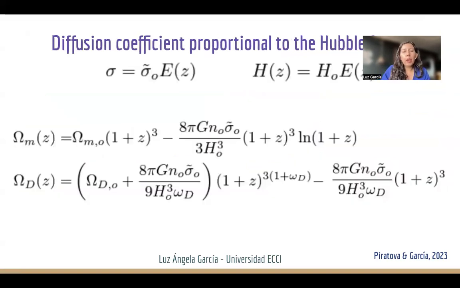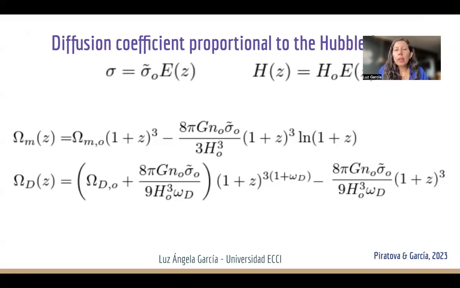Finally, we consider something that hasn't been explored in cosmology, but it's quite common in chemistry, and it's that the diffusion coefficient is proportional to the properties of the solvent and the concentration of the solvent.